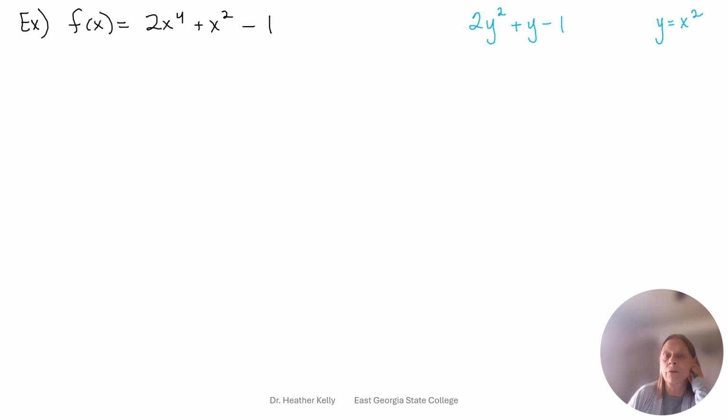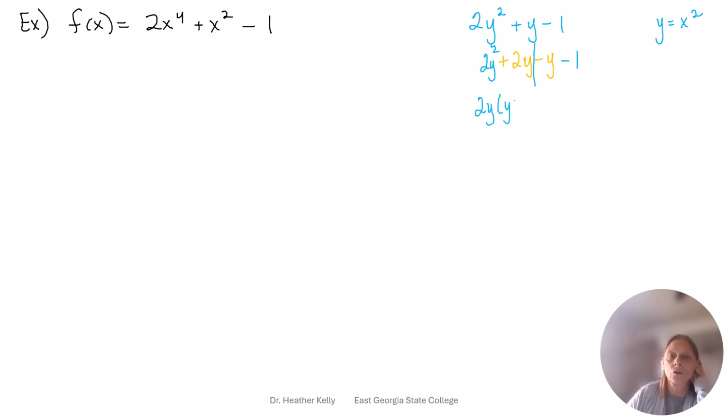2 times -1 is -2. So I'm going to need to rewrite this using the AC method. The numbers I'm going to want to write in here are positive 2y and a negative 1y. And then I'm just going to drop the other 2 pieces down. Again, we've factored like this.